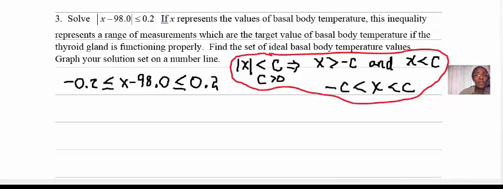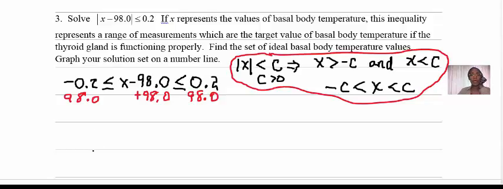So to solve this, I just need to add 98.0 to all three segments of the inequality. It's really two inequalities combined and written in a concise form. The word and is not visible here, but it is implied.